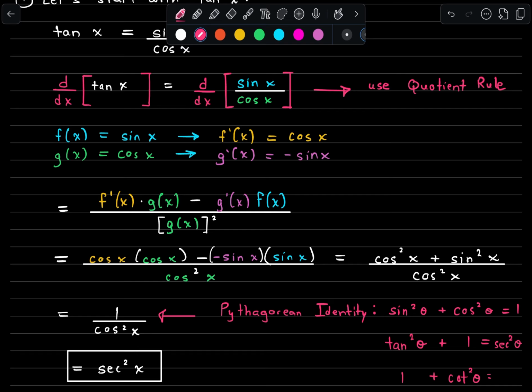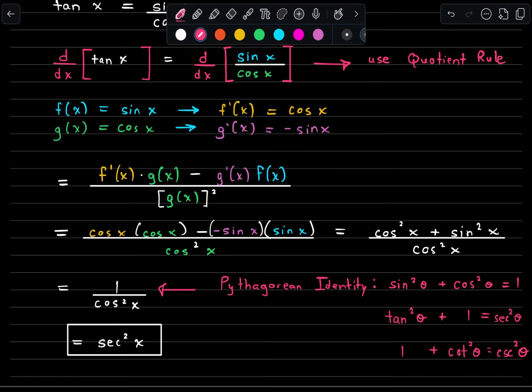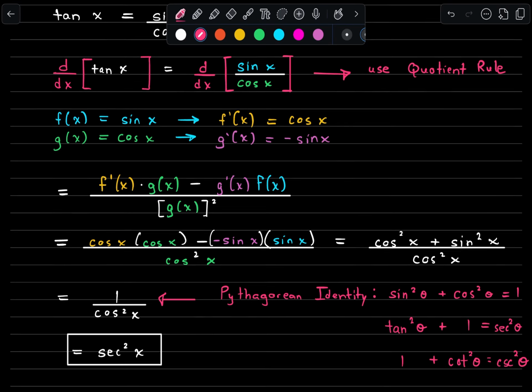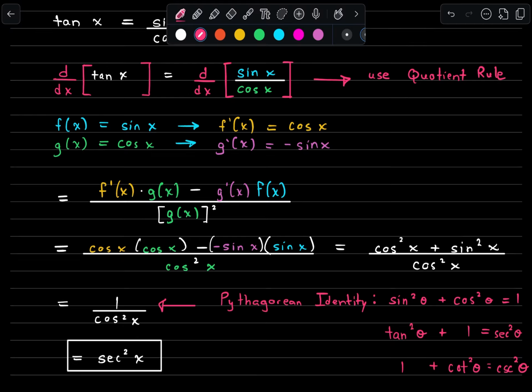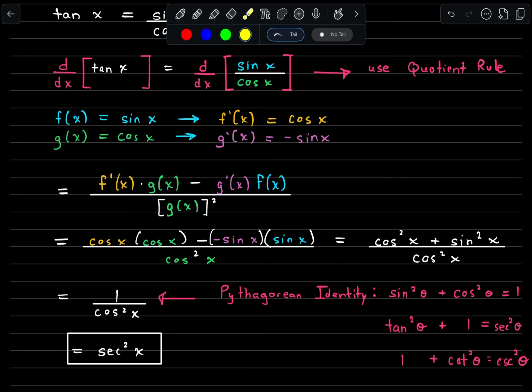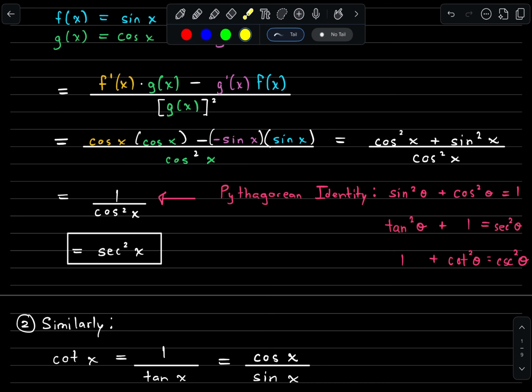And then 1 divided by sine squared is going to be cosecant squared theta. Okay, so these were our 3 Pythagorean identities, and these will be useful in calculus as well. All right, so the derivative of tangent x is secant squared x. So let's see what's next.